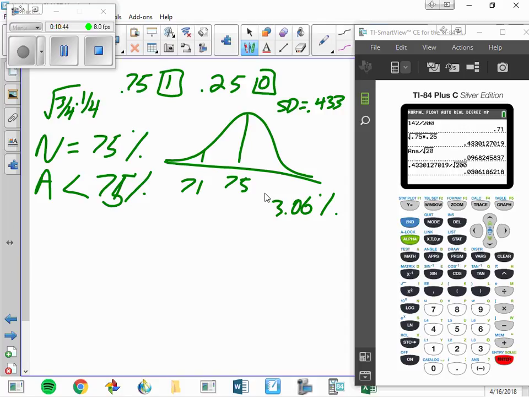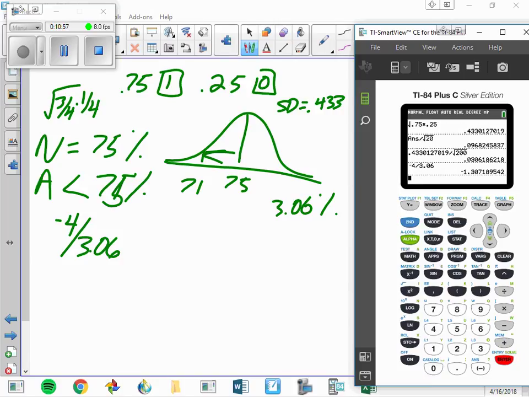I need a z-score. My distance is -4 divided by 3.06. And I get -1.3. I know the answer right now.